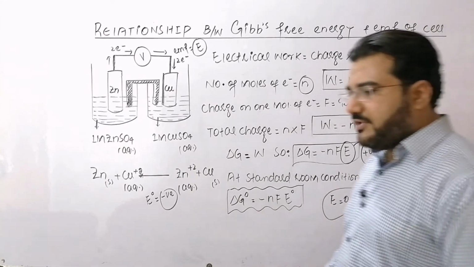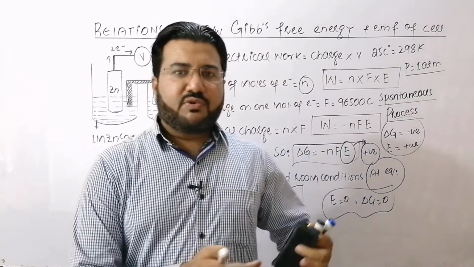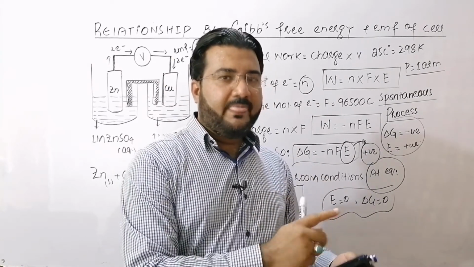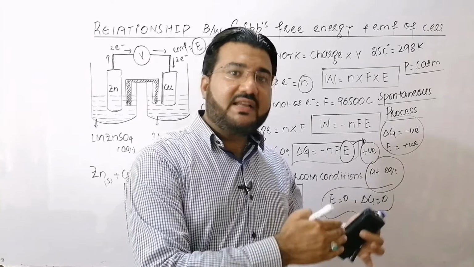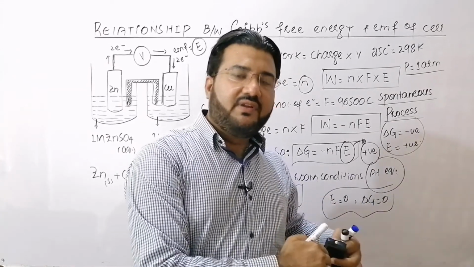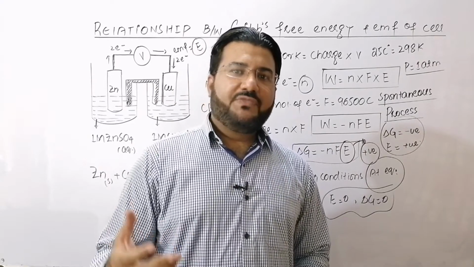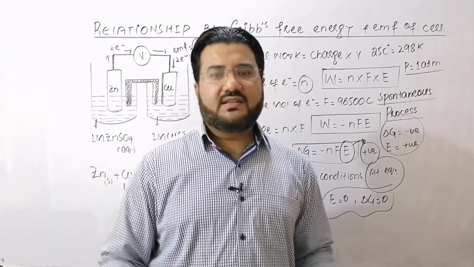That is true at equilibrium. So there are three cases: spontaneous process, delta G negative, E positive; non-spontaneous process, delta G positive, E negative. And at equilibrium, there is no EMF of the cell, so E is 0, which means that the Gibbs free energy is also 0.